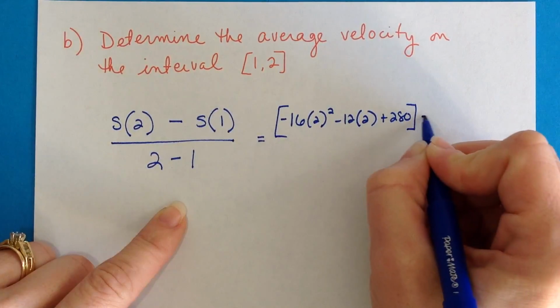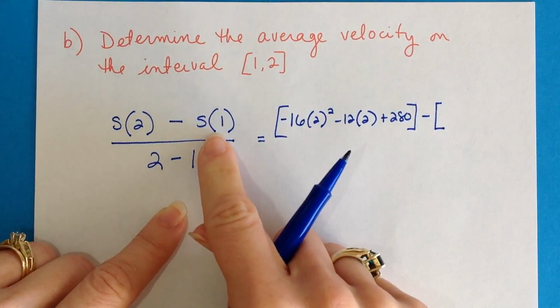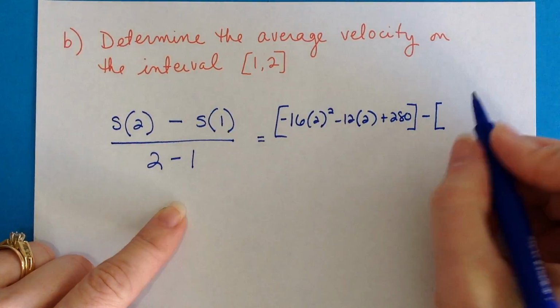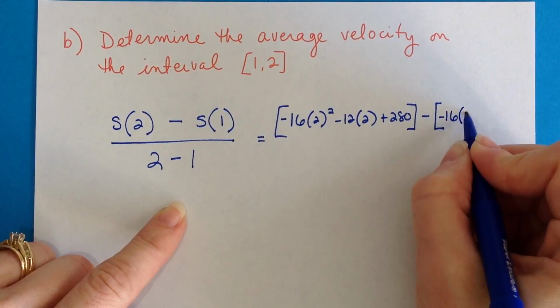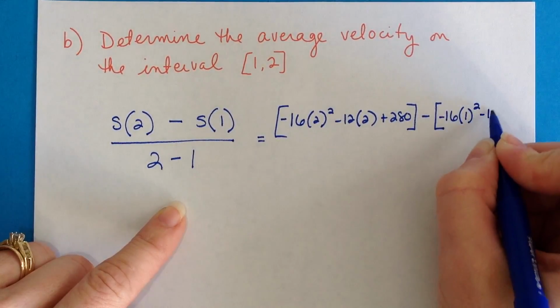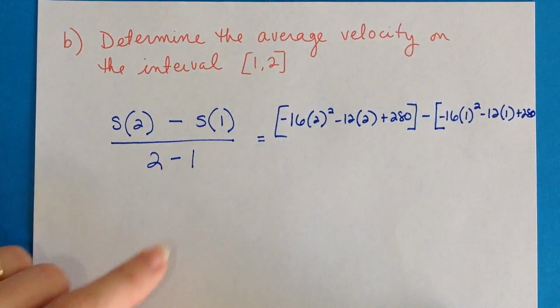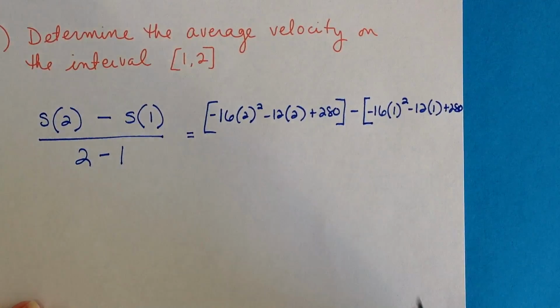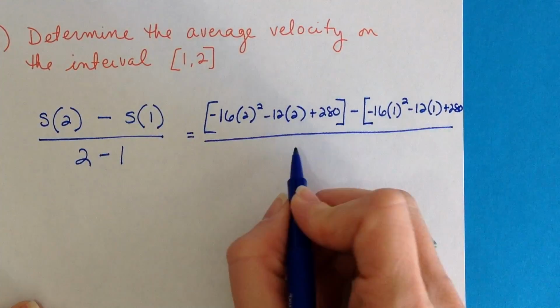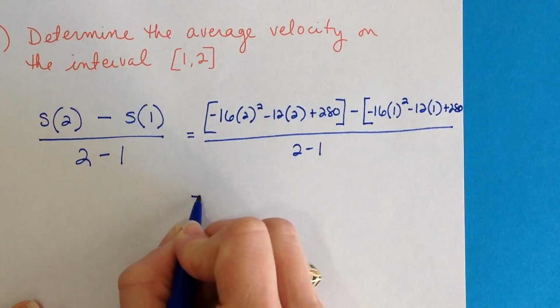Okay, and then you've got to subtract from that, and now you've got to substitute 1 into the position function. Okay, and then you're going to divide that by 2 minus 1.